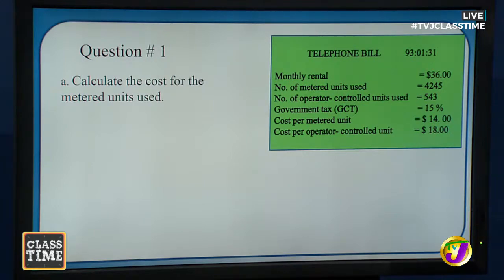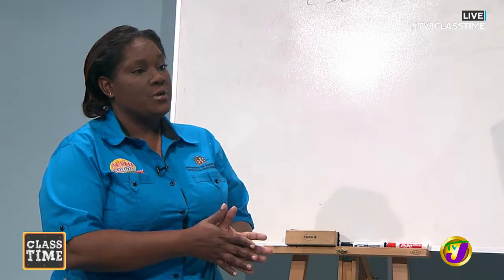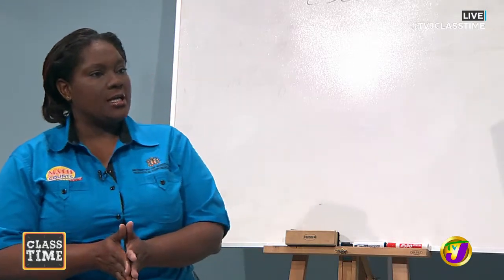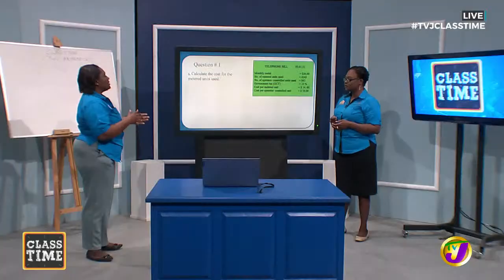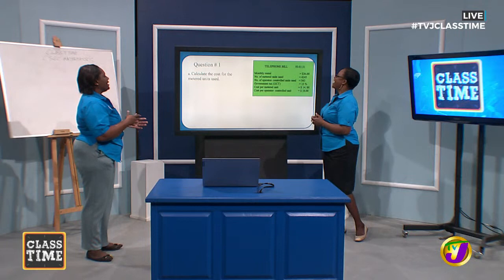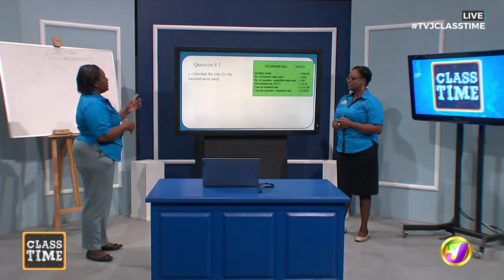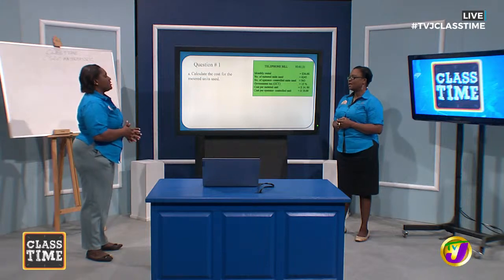So if we can go back to linking to ratio to say if one unit costs $14, what then would 2 units cost? Or if you want to make a big jump, to 4,245, then we can use that principle to find out the cost of the metered units used.